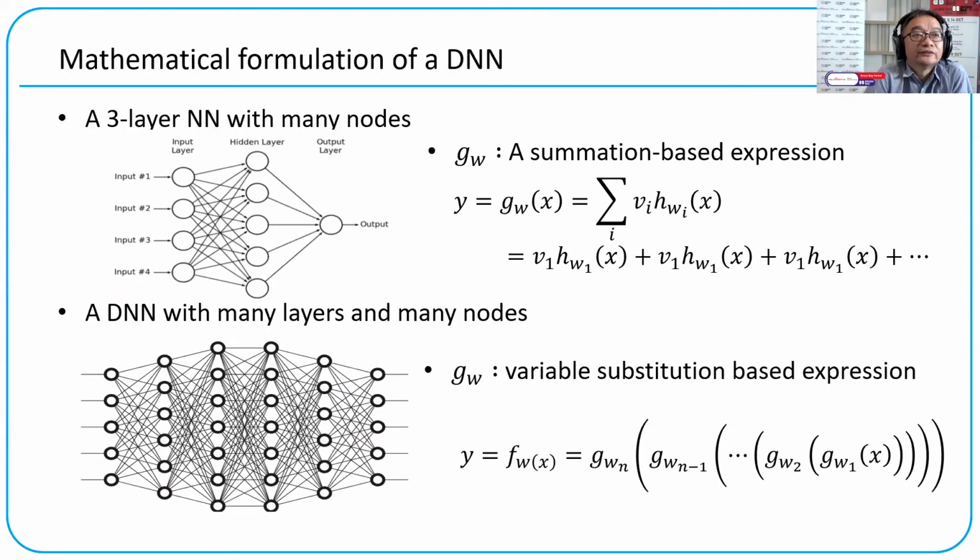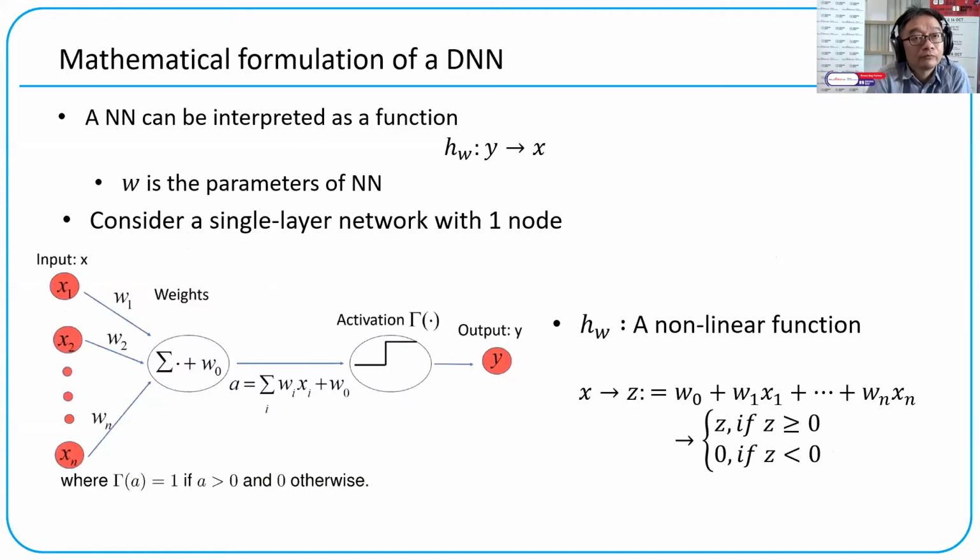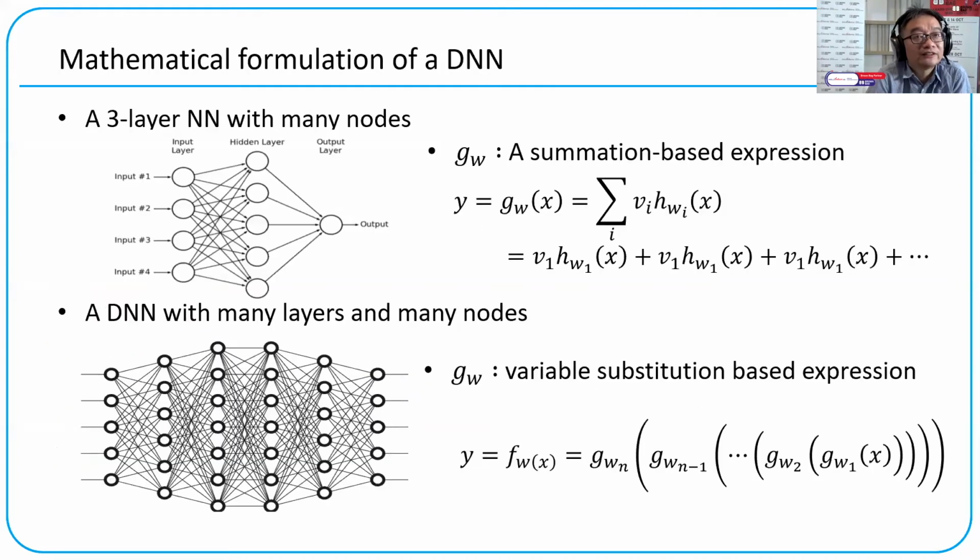Let's continue. Suppose I have 3 layers. What are 3 layers? Because you have many nodes, these are summed together with different weights. In other words, many nodes on one layer amount to a summation of many simple functions.